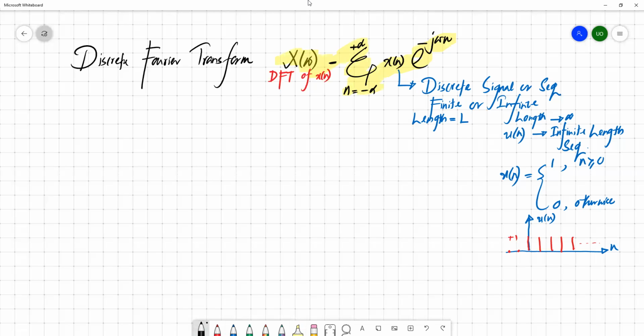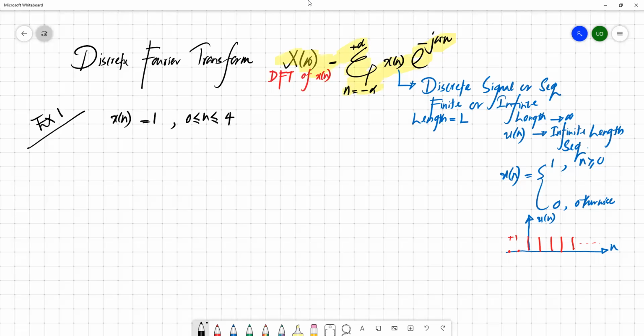I'm referring to exercise 1 in the shared presentation. It says that we have a finite length sequence x[n] equals 1 for this range.